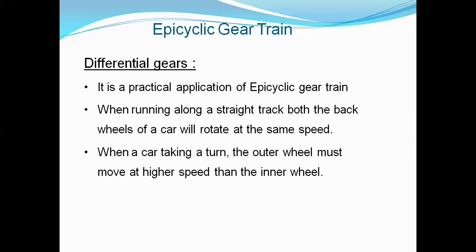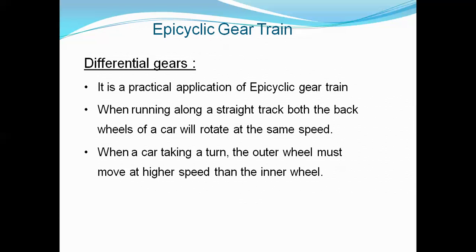When a car takes a turn, the outer wheel, which is far from the center of gravity of the vehicle, moves at high speed, and the inner wheel, which is near the center of gravity, rotates at low speed. With this effect, the motor car does not skid.